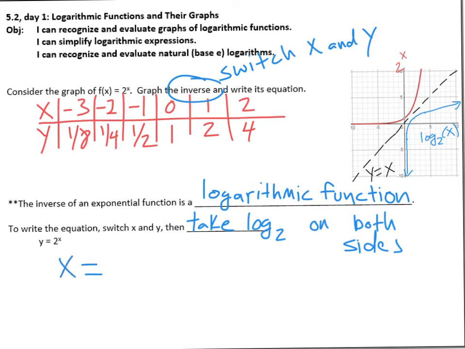Switch x and y, right? And then we'll take log base 2. And this is where you really have to think about a log as an operation. Its graph is the inverse of an exponent, and as an operation, it's also the inverse of an exponent.